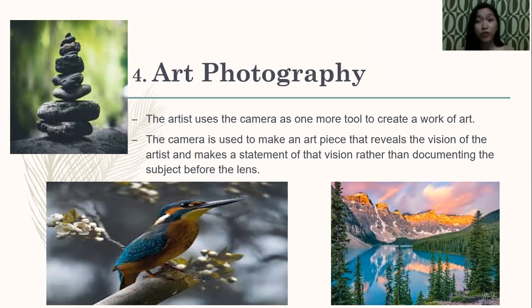When we say art photography, the main tool that we are using is the camera. The camera is used to make an art piece that reveals the vision of the artist and makes a statement of vision rather than documenting the subject before the lens. Sometimes we use the environment as our subject, or even the people around us.